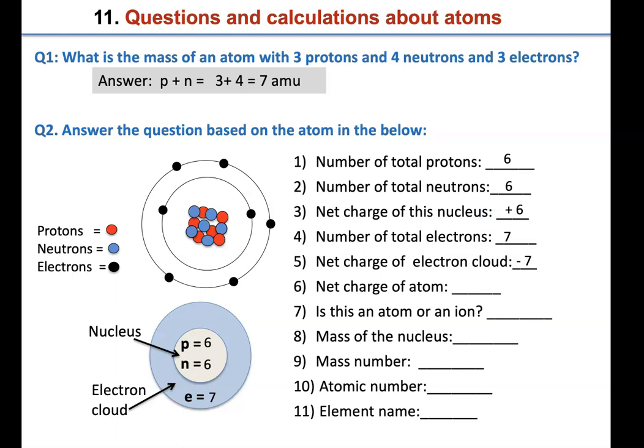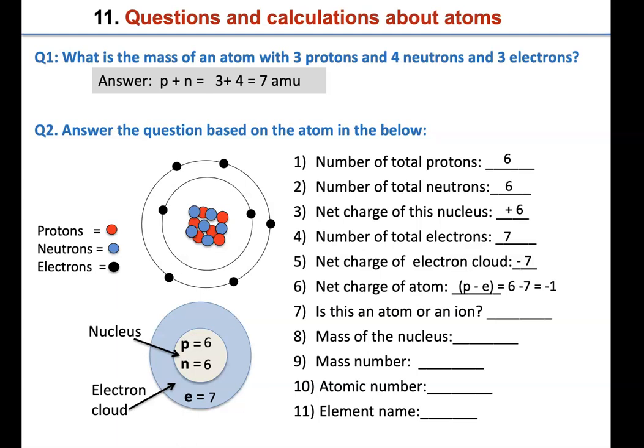What about the net charge of the atom? It's the difference between the protons and the total electron charges. So that would be 6 minus 7 or minus 7 plus 6, either one. You get a minus 1 charge because you have 1 extra electron than you have protons.